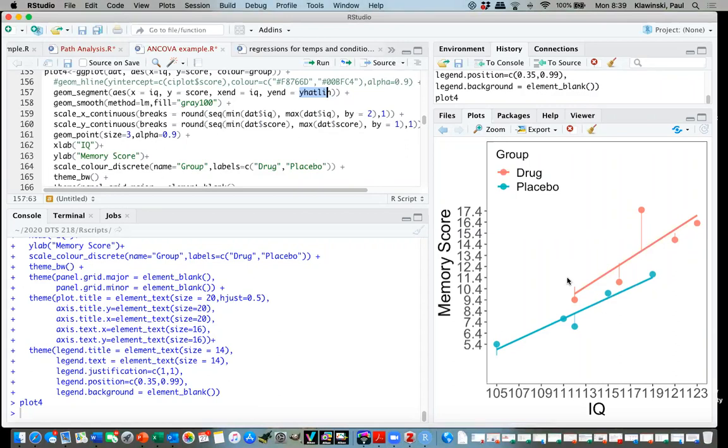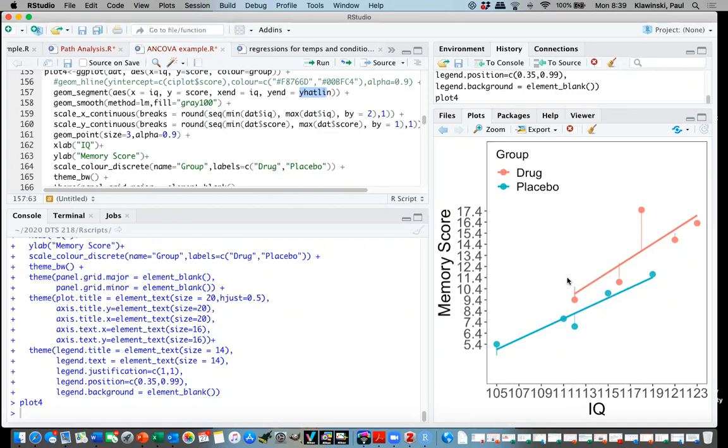There is a homogeneity of variances assumption, which we would normally test with Levene's test. But there is also an additional assumption in analysis of covariance, which is homogeneity of regression slopes. Analysis of covariance doesn't work unless these slopes are parallel with one another.